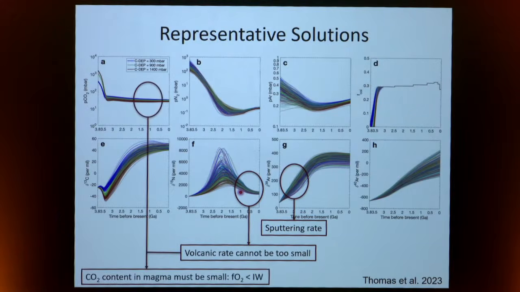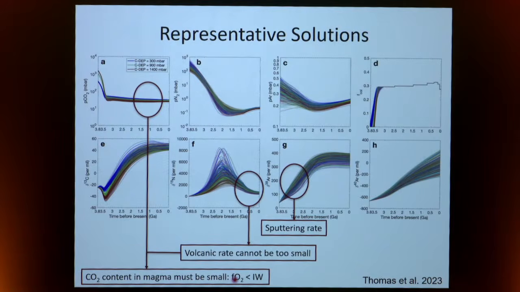And because we have to have some amount of volcanic outgassing, which is, by the way, very consistent with the mapping of volcanic provinces on the surface, that volcanic rate would also create outgassing of CO2. And we know that there's actually not much loss of CO2 for the past 2 billion years, for example. That means that the CO2 content in the magma has to be quite small. In our case, our model suggests that the oxygen fugacity should be less than IW.